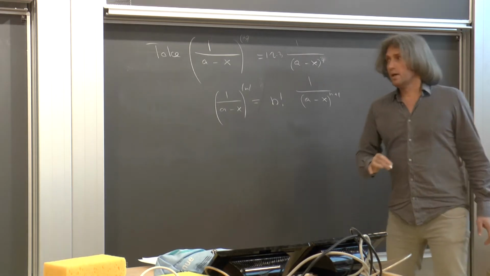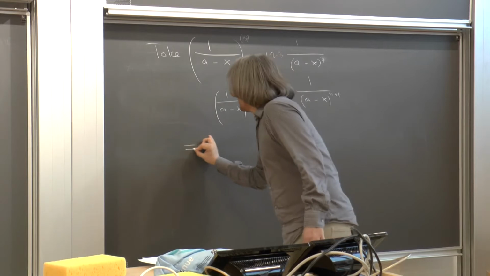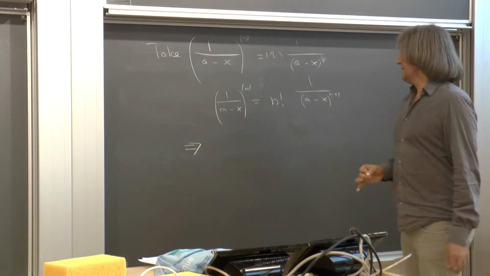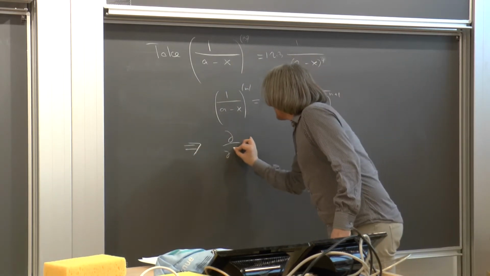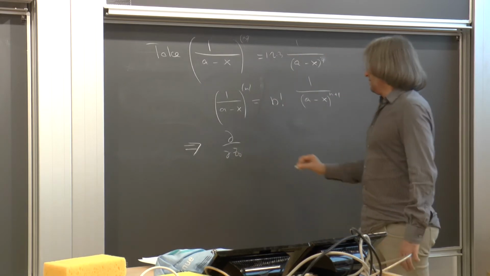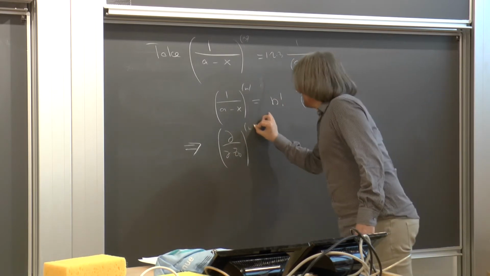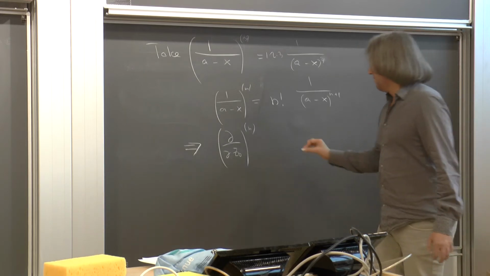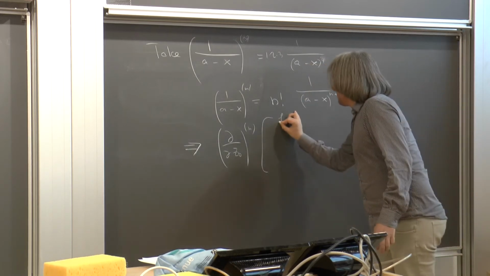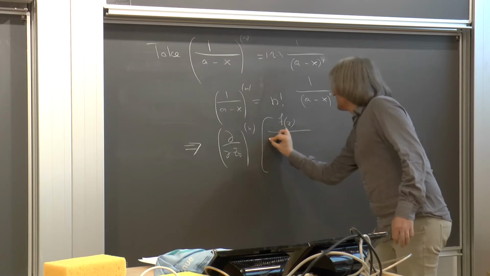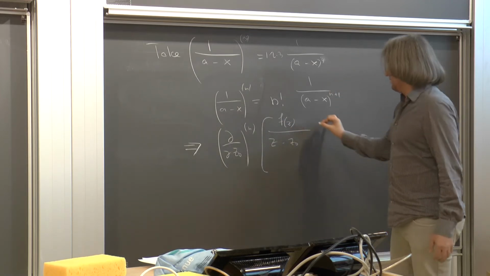Okay. Now, I'll write something strange. I'll write d over dz naught applied n times to the function f of z over z minus z naught, like this.